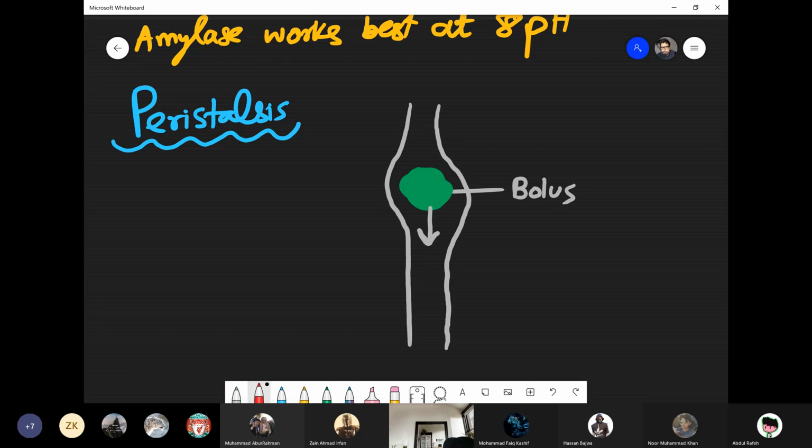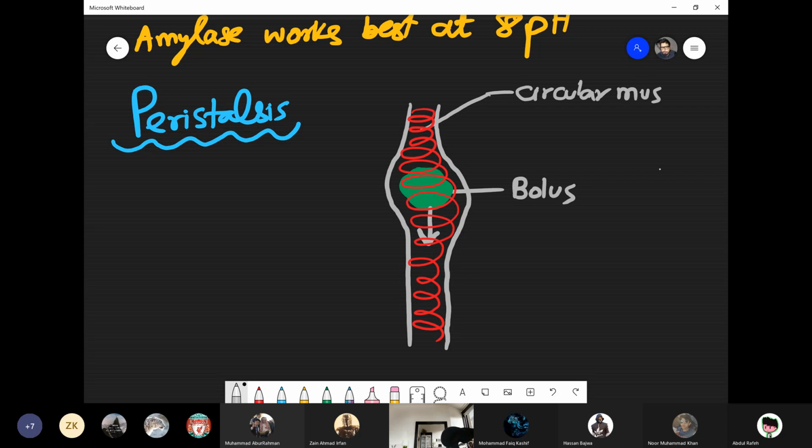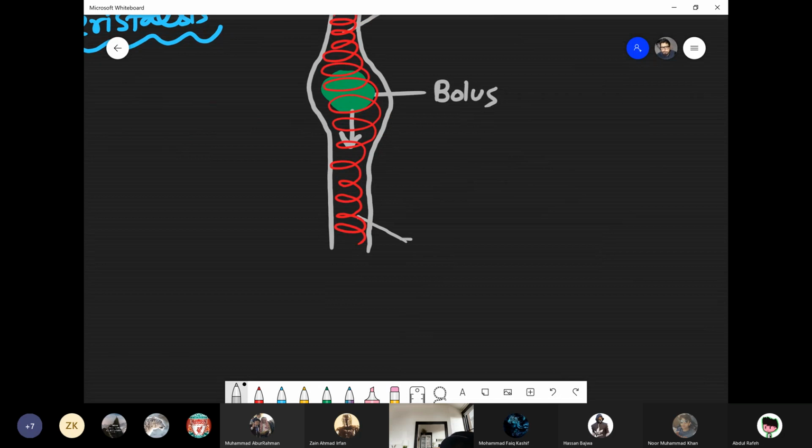Now, let me tell you that in our esophagus, there are two types of muscles. One type of muscles are round in shape like this. Now these round circular shaped muscles are simply called as circular muscles.